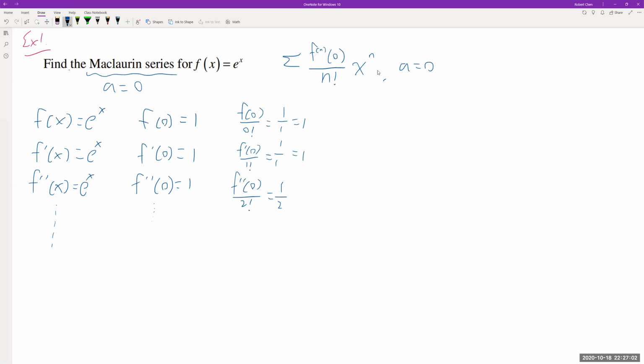And f triple prime of 0 over 3 factorial, that's 1 over 3 factorial, which is 1 over 6, and so on. Let's do one more. f fourth prime of 0 over 4 factorial is equal to 1 over 4 factorial, and so on.